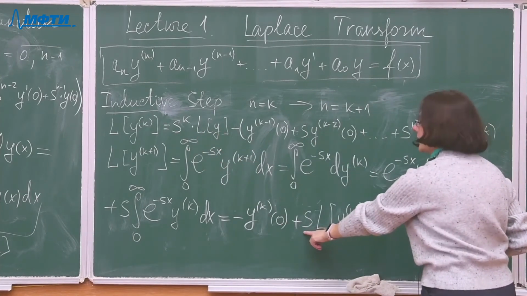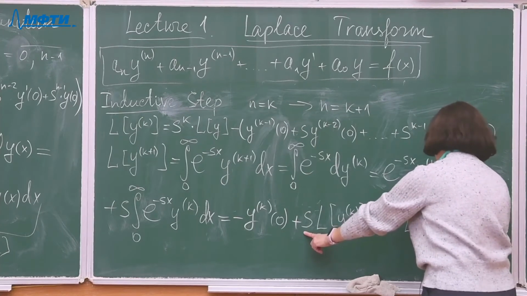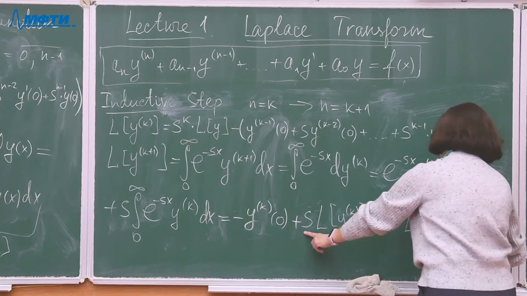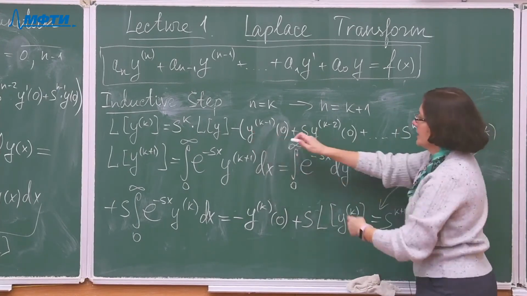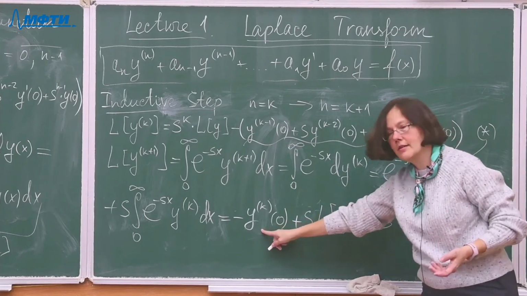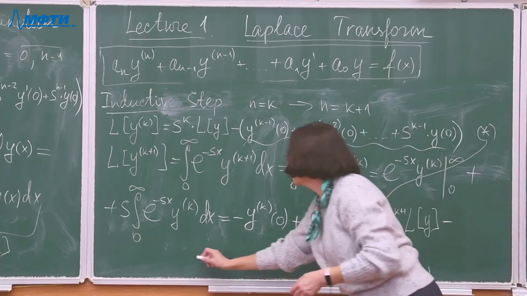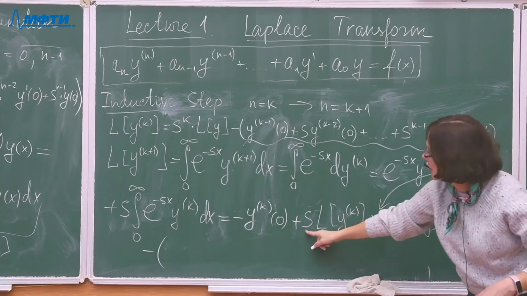We must multiply by s, and we will get s to the power k plus 1 times L of y minus, and we need to multiply all this expression by s, because here we multiply by s.